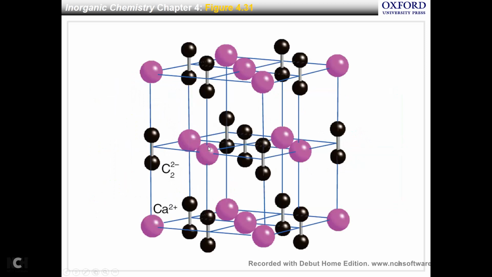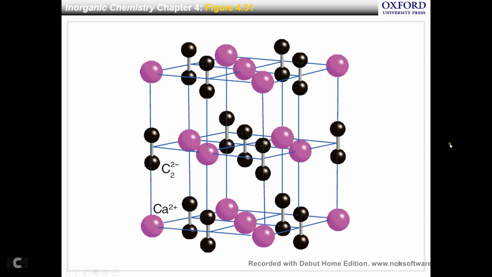This is a more complicated ionic structure with polyatomic anions. So over here you have C2, 2 minus as the anion. But if you compare this structure with the previous sodium chloride, they are exactly the same.